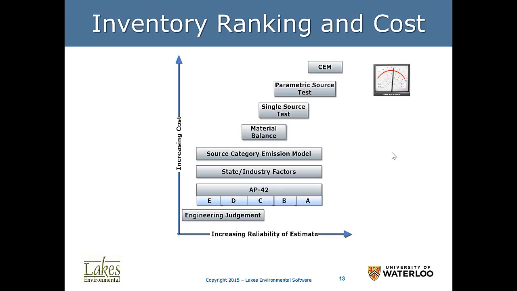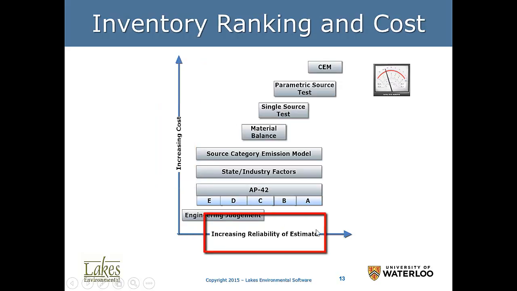And the best thing to do is to actually measure. And you will see here at the top, this is continuous emissions monitoring. It gives the best reliability of the estimate for the emissions inventory. However, if you look at this axis, as you progress upwards, the cost increases significantly.